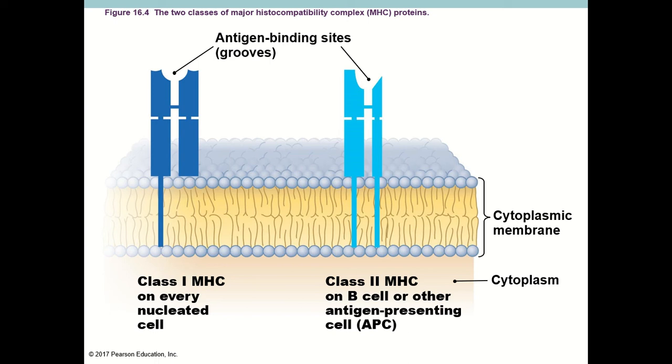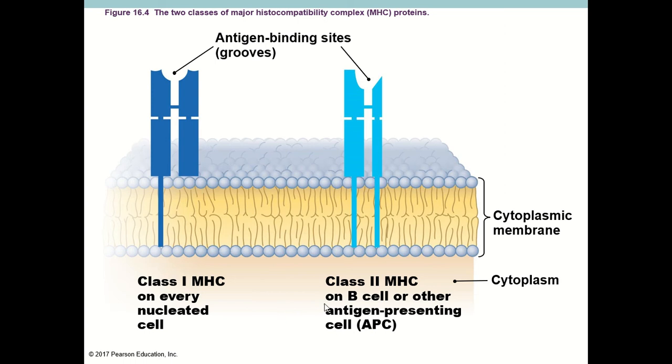That's what antigen presenting cells do. They present a piece of the antigen right on the outside using their MHCs. So that little antigen is going to hang out right there to alert some other cells of the immune system to come and deal with that infected cell.